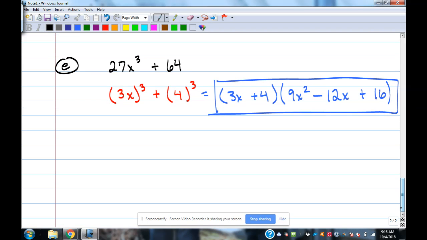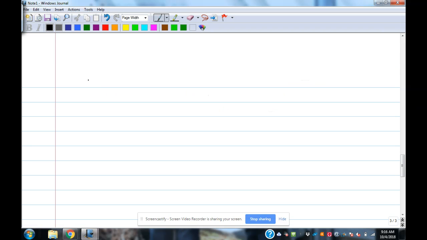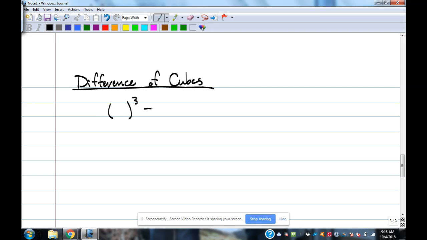All right. Let's look at difference of cubes. Again, we're going to have something cubed minus something else cubed. Okay? Only thing that's changing is the sign in the middle.